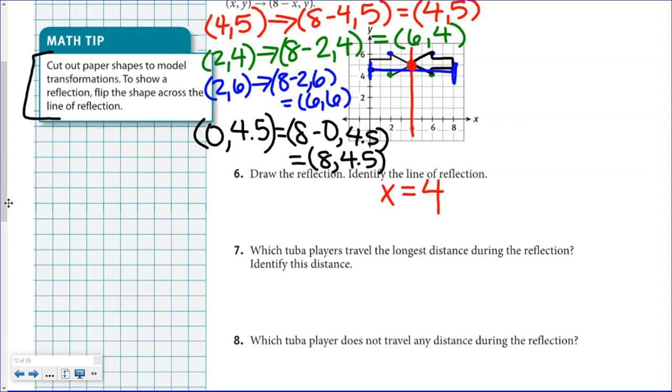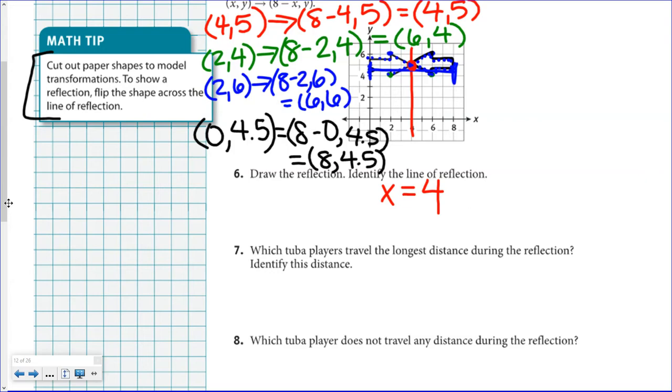Then number 9 asks, explain why the reflection does not change the distance between any given tuba player and the point 4, 5. So what that's saying, the people over here, all of the marchers, the distance between them and this red point, 4, 5, why is it the same as their distance when they move over here compared to the point 4, 5? So a reflection preserves the size and shape of a figure.